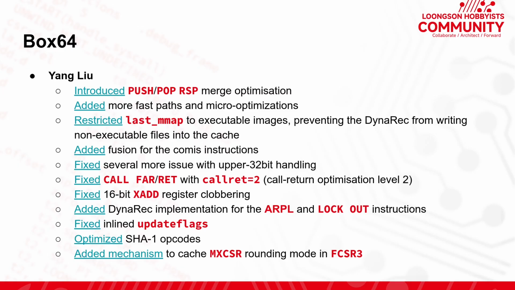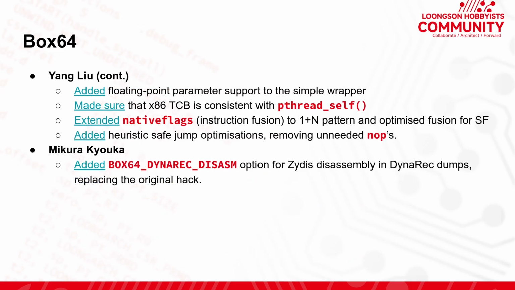So if there is a hot code block doing a lot of the x86 rounding mode required instructions in a loop, this can be a lot faster than before. So next page. Next page, please.